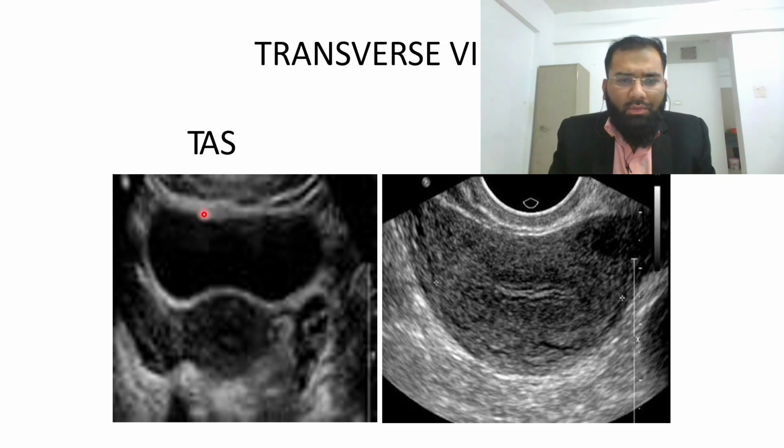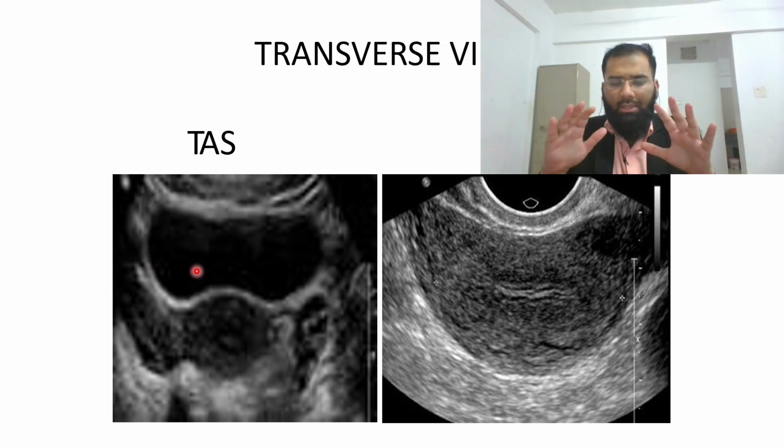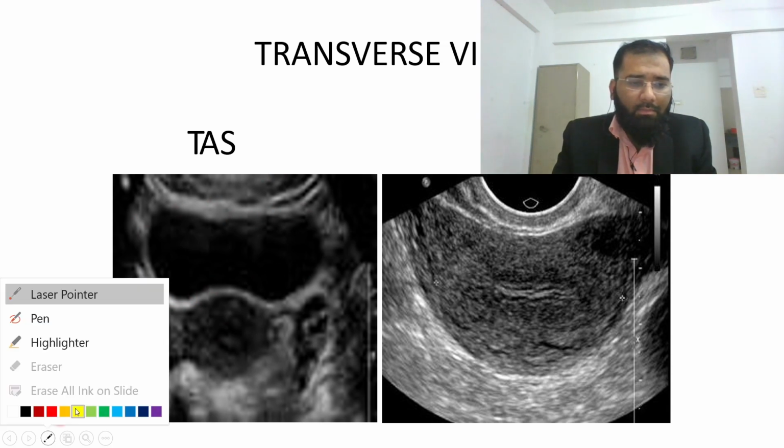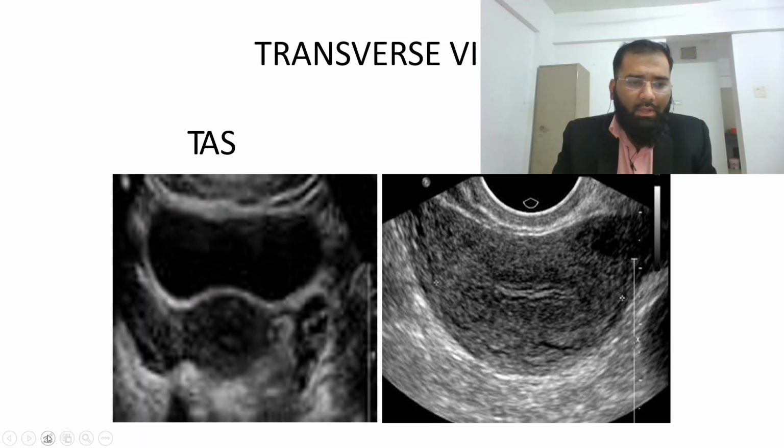Now we are going to see the same anatomy in transverse section. Look here, this is the bladder, so the bladder lies anteriorly. This is the urinary bladder on transabdominal scan. The bladder is full.